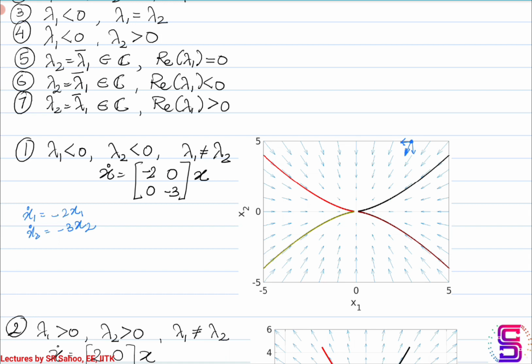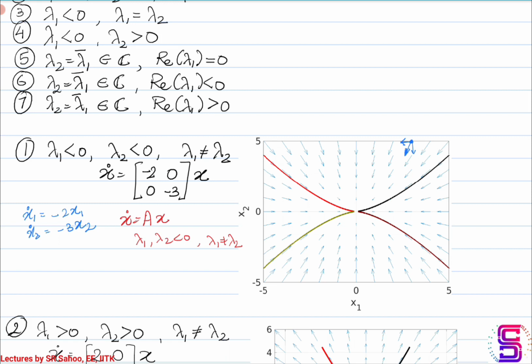You can verify that for any system whose eigenvalues are real and non-repeating, so lambda 1 and lambda 2 being negative with lambda 1 not equal to lambda 2, you will have a vector field indicating that the state trajectory will evolve going towards the origin.